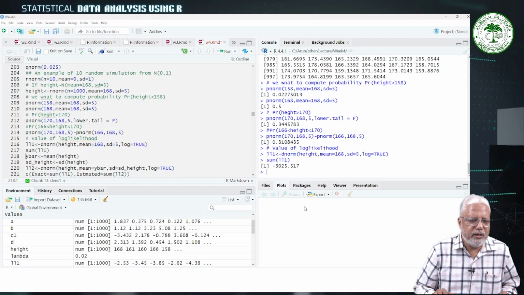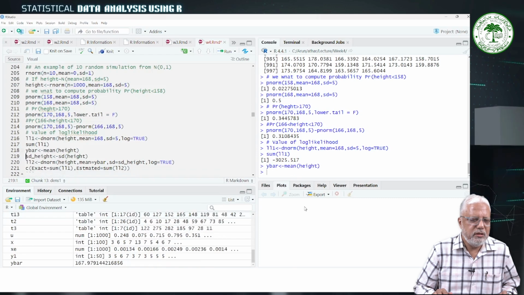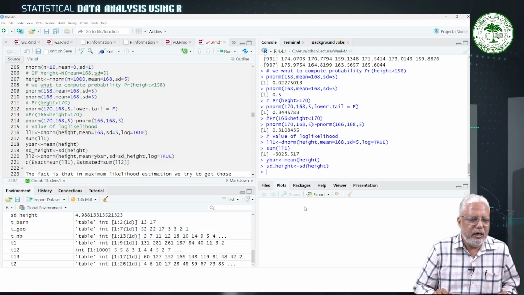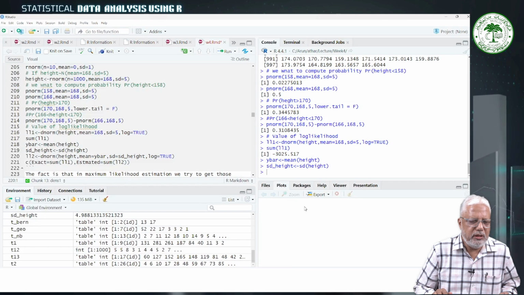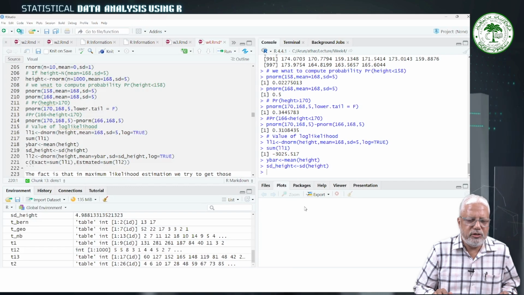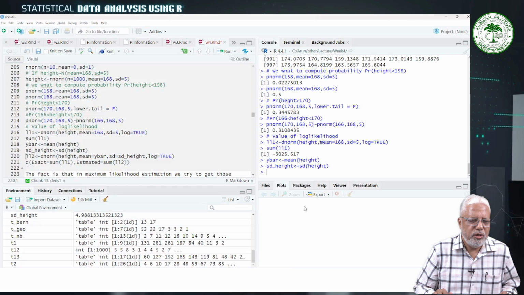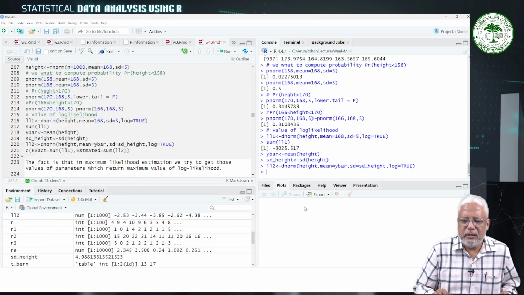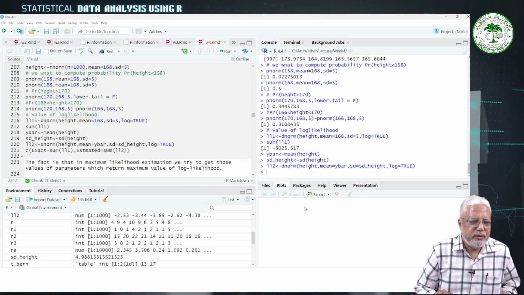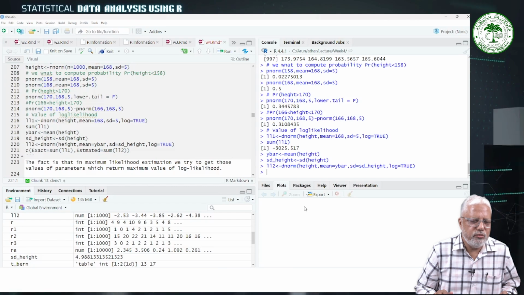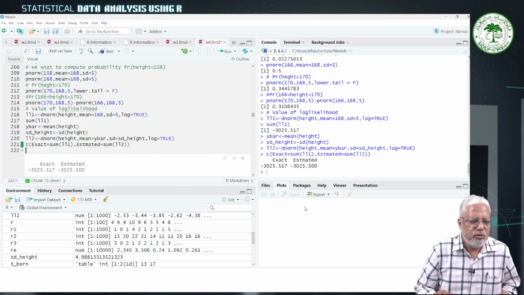Suppose ybar is the mean height and SD height is the SD of height, and we compute the log likelihood with the estimated mean ybar and SD height, with log equal to TRUE. This can be organized in the form of a table. Exact is the sum of LL1, estimated is the sum of LL2.